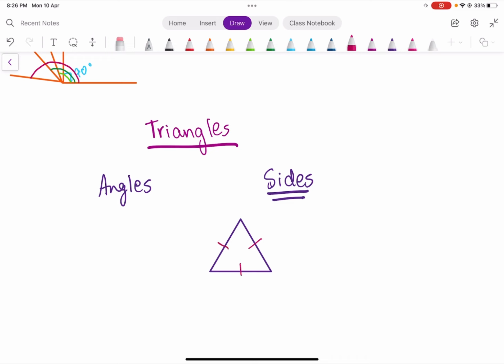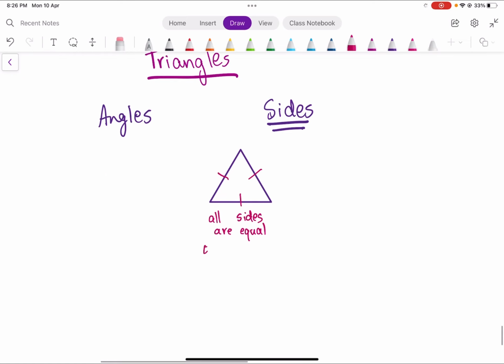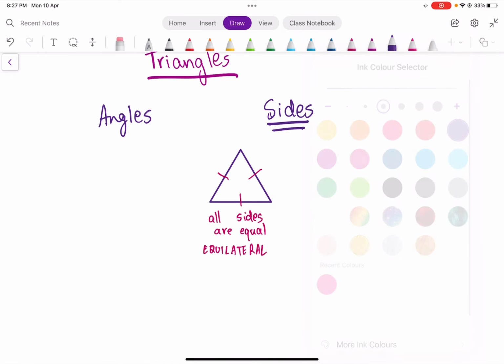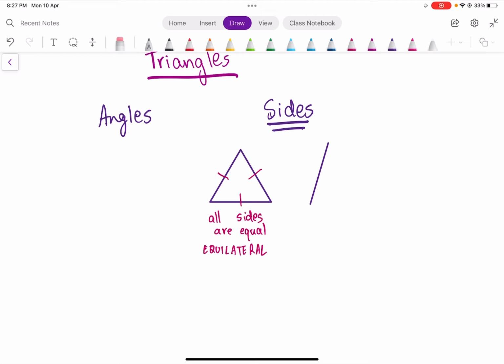So that means all sides are equal. So this type of triangle is called an equilateral triangle.